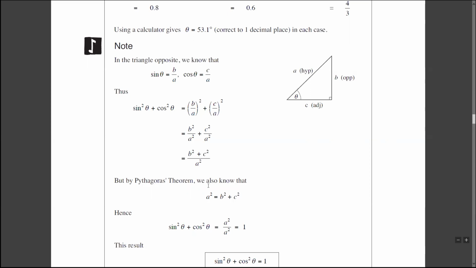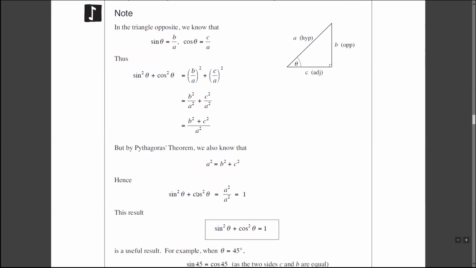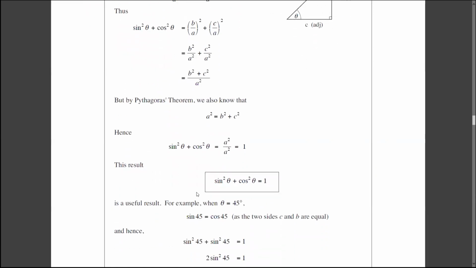This is just a proof of the identity. You don't need to know that for the exam, but it's good to look at. By Pythagoras theorem, we also know that a squared equals b squared plus c squared, a being the hypotenuse. They just equate them, and before you know it, you get this result.